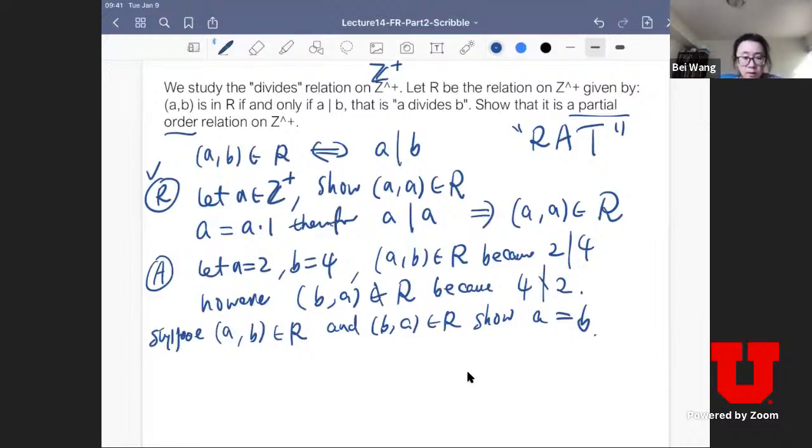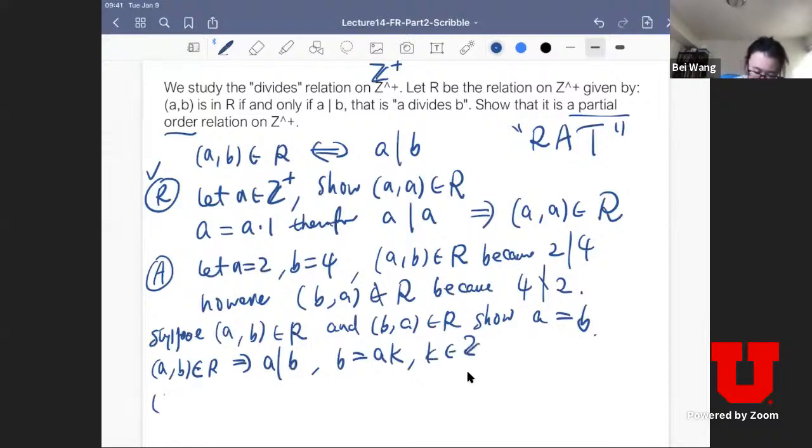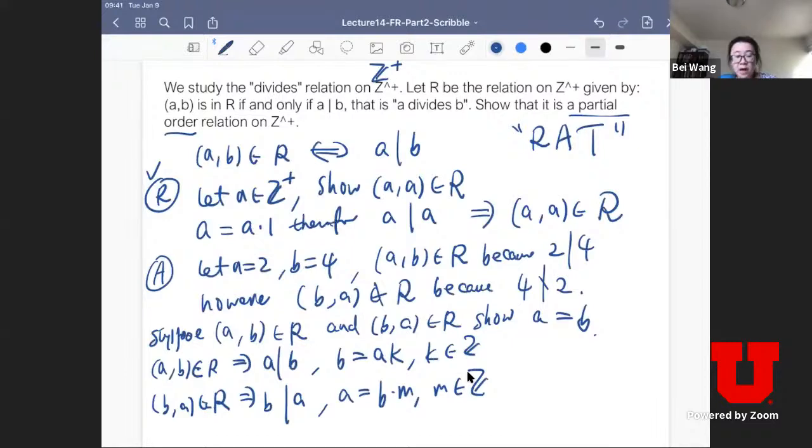Because AB is in R, this implies A divides B, which means B is equal to A times some integer K. Because BA is also in the relation, we have B divides A, which means A is equal to B times some integer M. So now I have B is equal to AK and A is equal to BM.